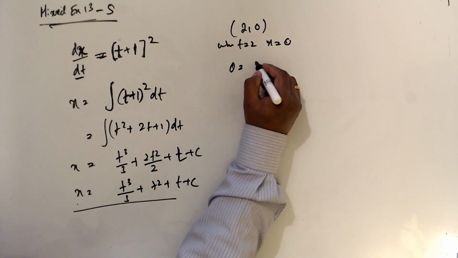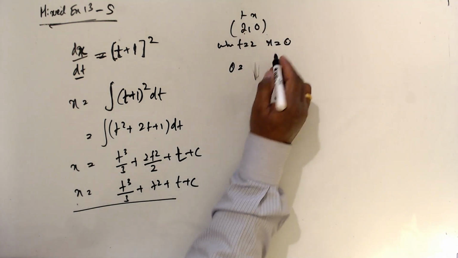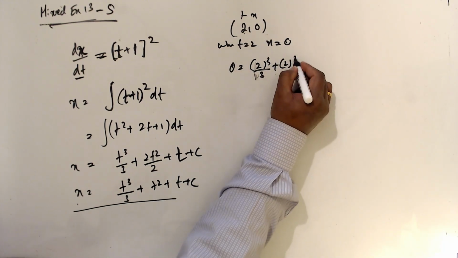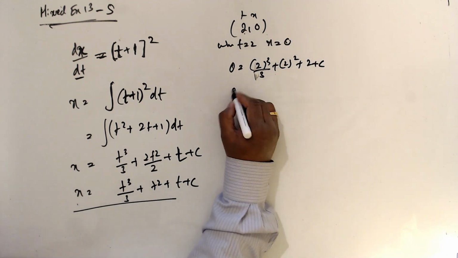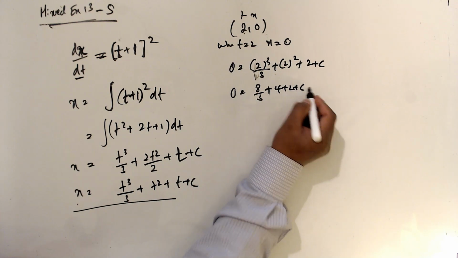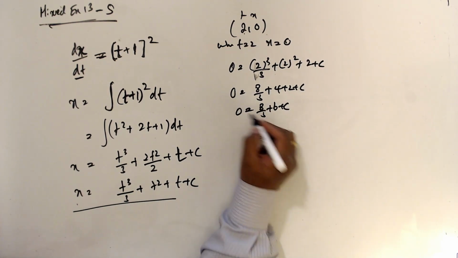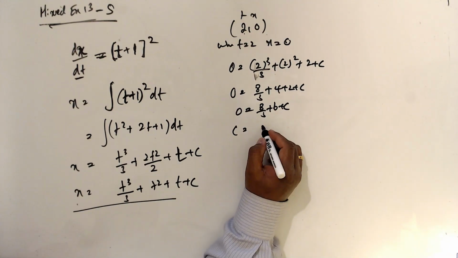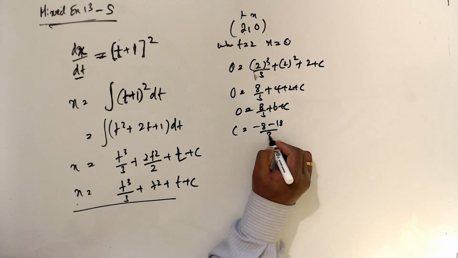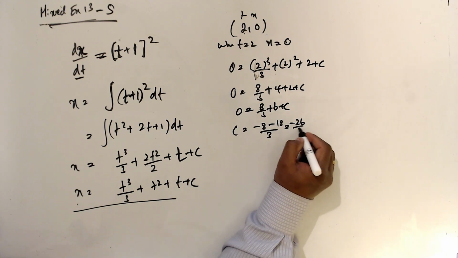So 0 equals, with t equals 2, 2 cubed over 3 plus 2 squared plus 2 plus c. 0 equals 8 over 3 plus 4 plus 2 plus c, which is 8 over 3, 6, plus c. c equals minus 8 minus 18 over 3, which is minus 26 over 3.